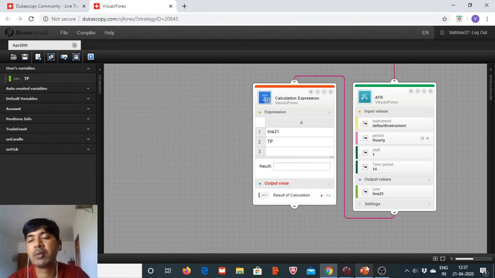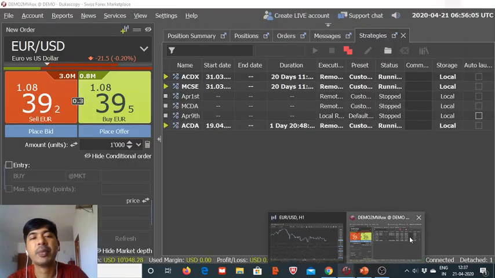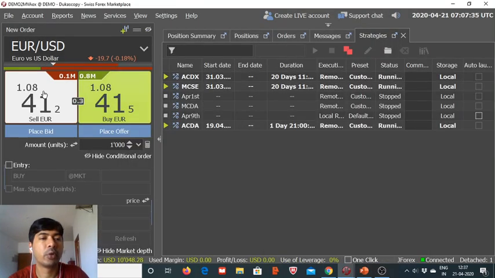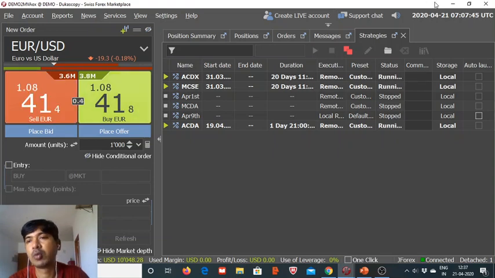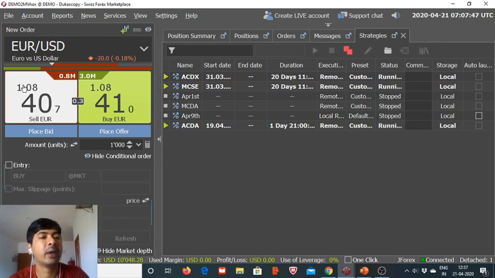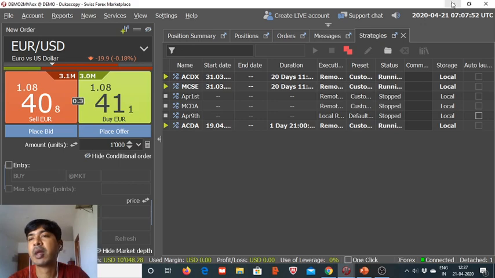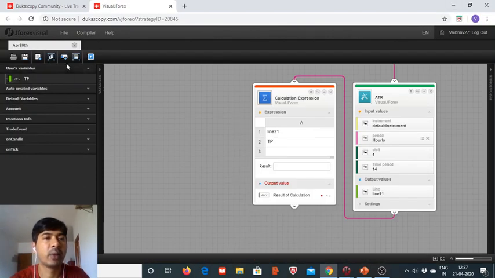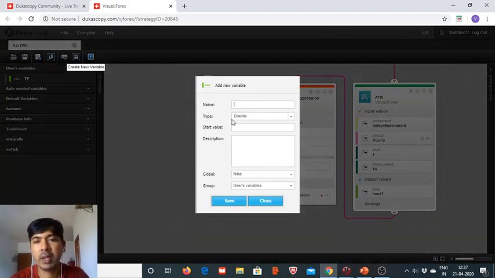And for that we need to cancel out the 4 decimal points of the Euro USD and just make this 0.0040, suppose if it is 40 pips, as 40, and for that we need to multiply it with 10,000, and for that we make a new variable.